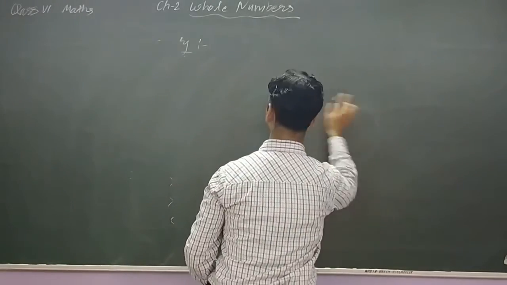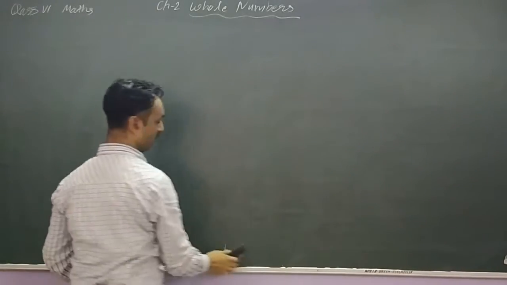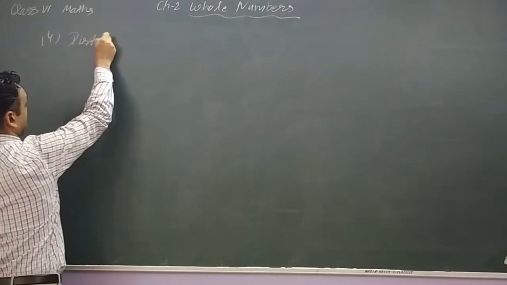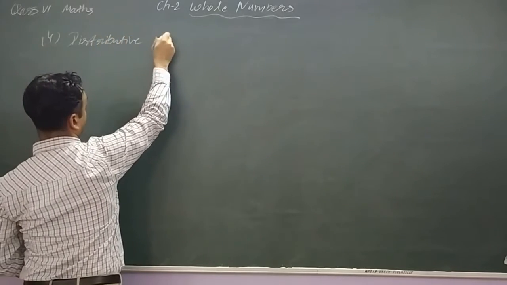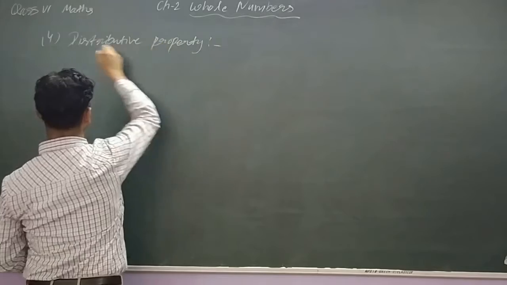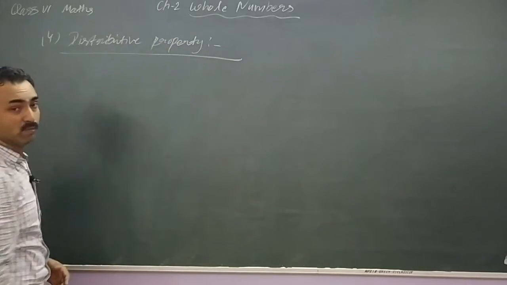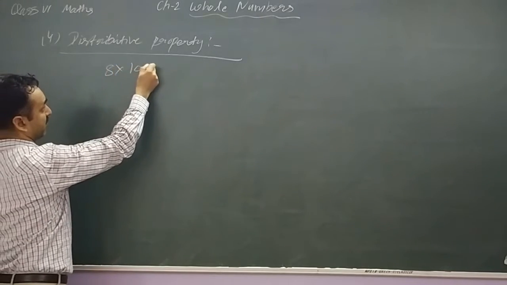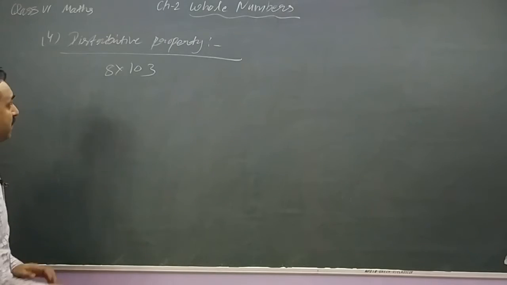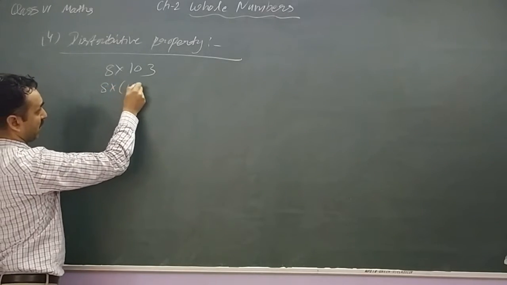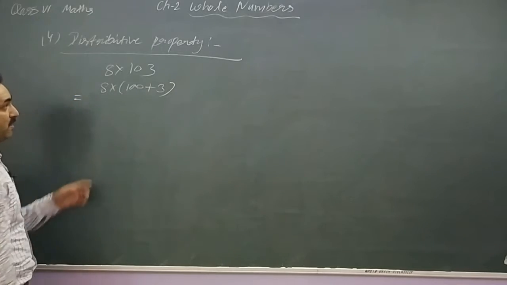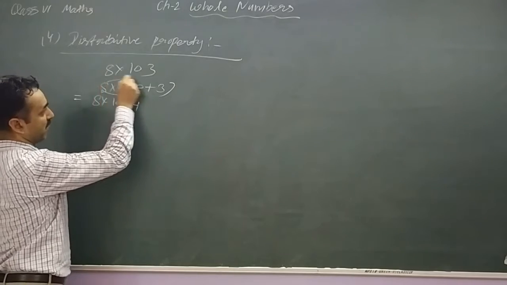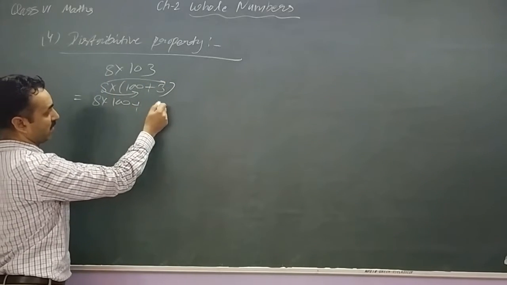Now we understand the next property, which is the distributive property. Suppose you want to multiply 8 by 103. So we can write 8 multiplied by 100 plus 3. Now first 8 will multiply with 100 and then 8 will multiply with 3.